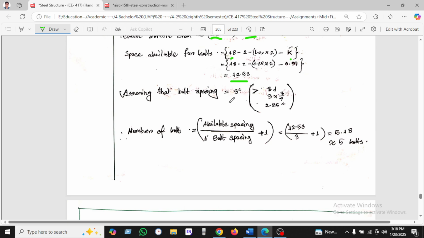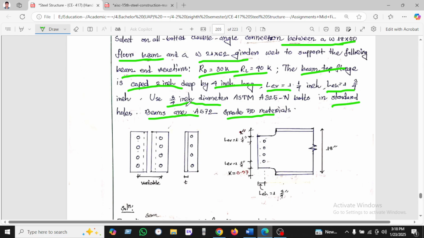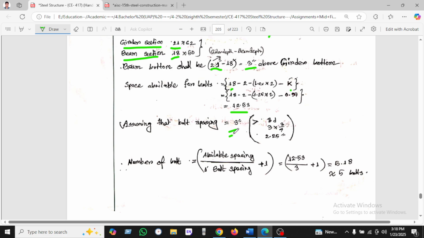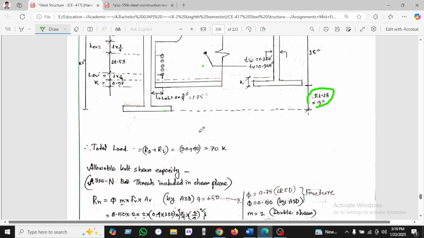Assuming the bolt spacing is 3 inch, we know that 3 times d, with d being 3/4 inch as given in the question, is 2.25, and 3 is greater than 2.25, so we use 3. The number of bolts available for spacing is 12.53 divided by 3, plus 1, which gives 5 bolts.